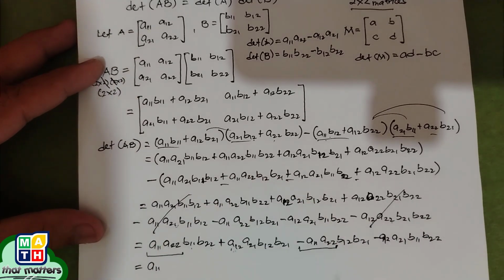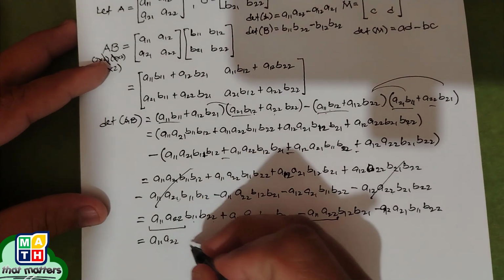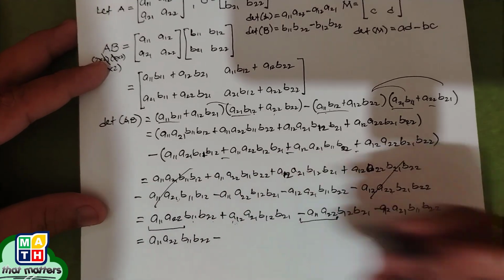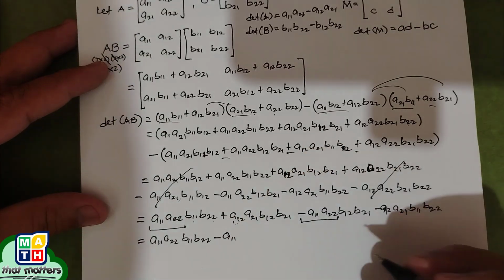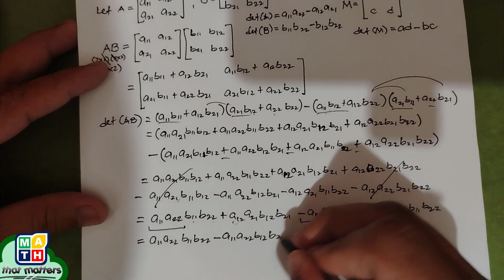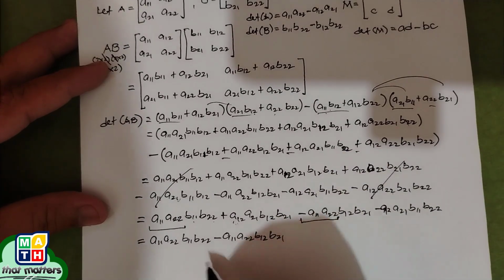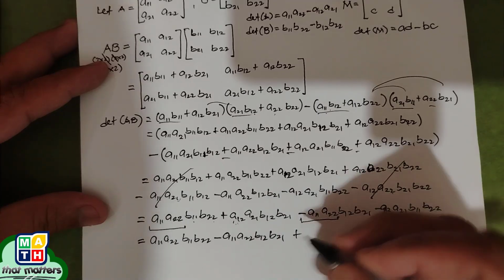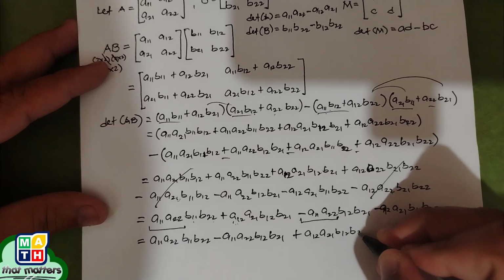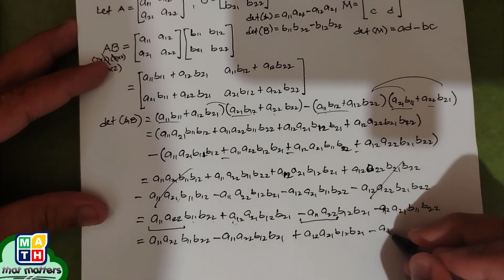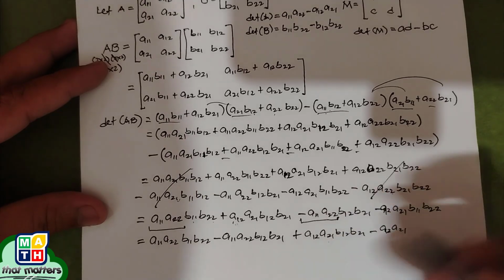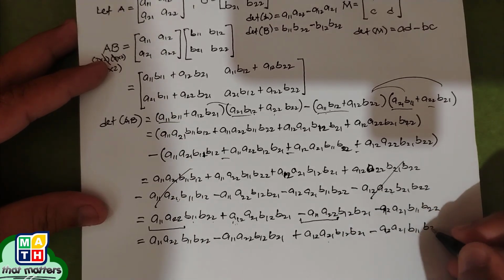So you have A11, A22, B11, B22, minus A11, A22, B12, B21. Okay, so we have grouped that now. This one here plus A12, A21, B12, B21 with this minus A12, A21 with the same entries here, so we can factor that later, B11 and B22.